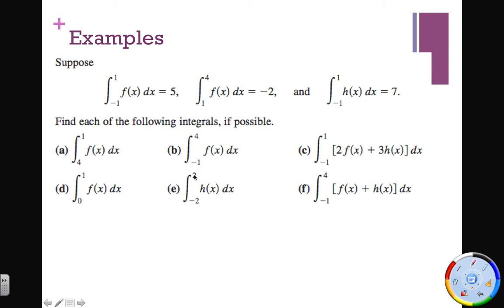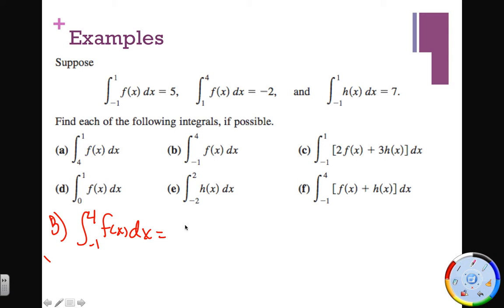What about the second one, from -1 to 4? Well, I don't have anything from -1 to 4 here for f of x, but I do have -1 to 1 and 1 to 4. So for B, from -1 to 4 of f of x dx, I can actually split this using our other property, I can't remember what they called it. It is the additive property.